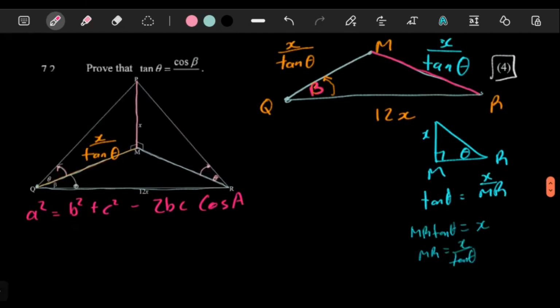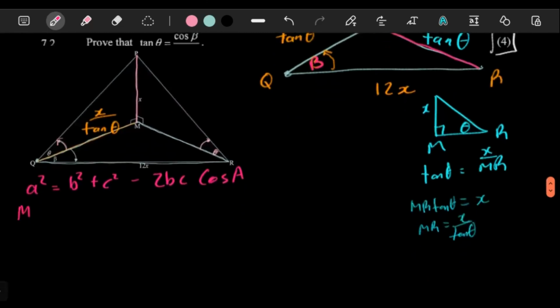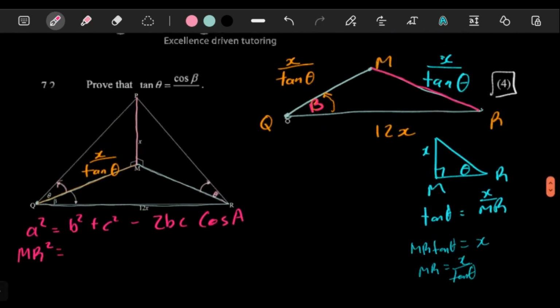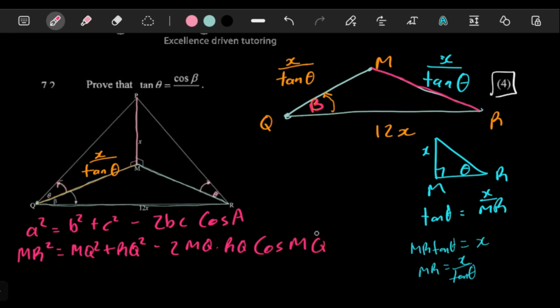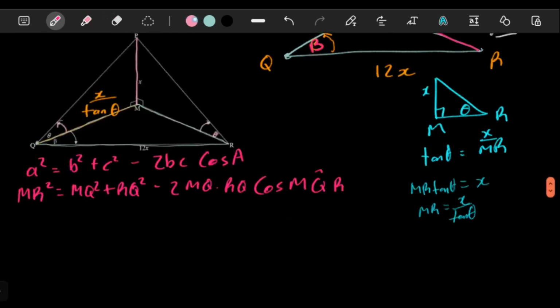So let's write it as MR squared equal to MQ squared plus RQ squared minus 2 MQ RQ cos of the angle MQR.